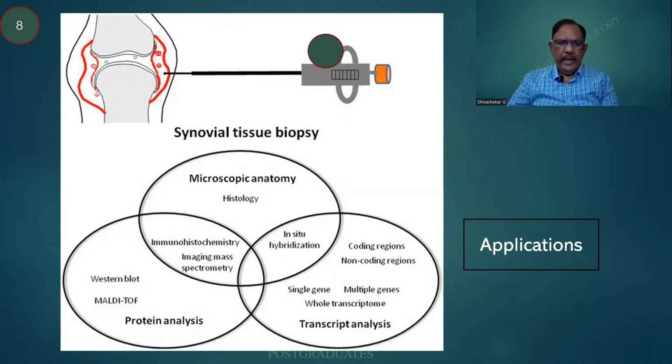Even other procedures such as Western blot can be performed on it. Transcription can be studied, whether for a single gene or multiple genes. A whole transcriptome can be derived from it. Coding regions and non-coding regions can be studied.